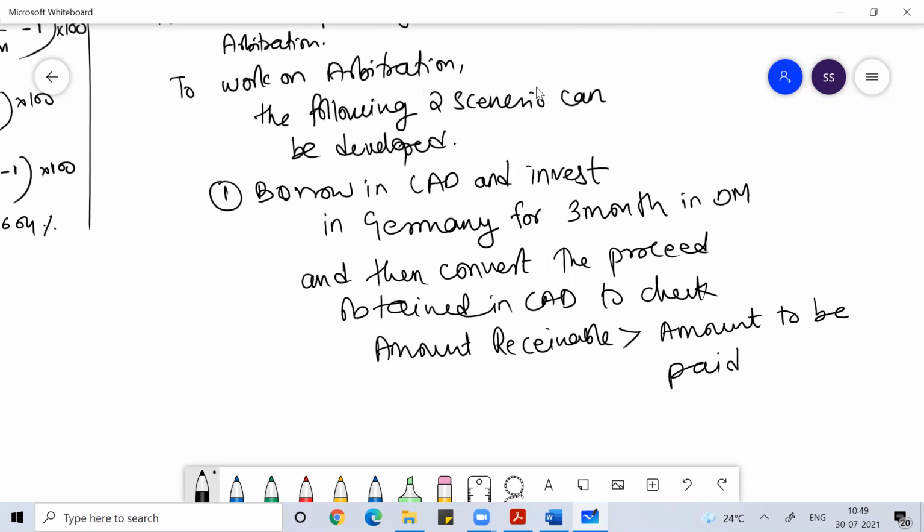Because you are taking a debt in Canada, in Canadian dollar, on that you need to pay interest. So if this is more, then there's a possibility of arbitrage. If this will not work, we'll do the vice versa. We'll borrow in Deutschmark and invest in Canada, and then we'll see the same scenario.